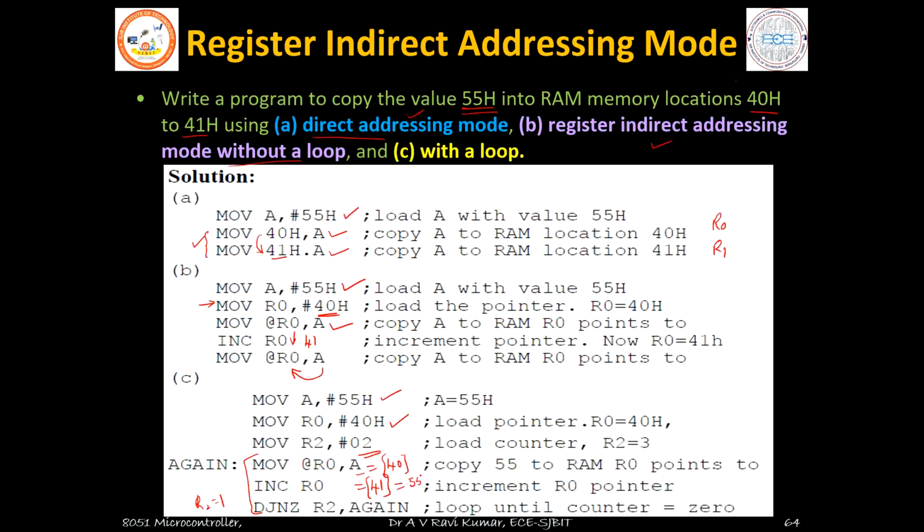Now increment R0, so in the next loop it is 42. Now decrement R2, it is decremented to 0. So the jump is not taken. If it is 0, it comes out of the loop. So it is very simple, within the loop, moving the value into those locations.